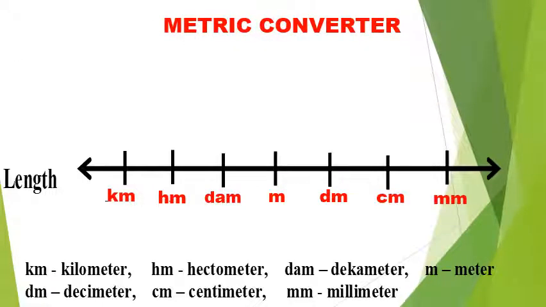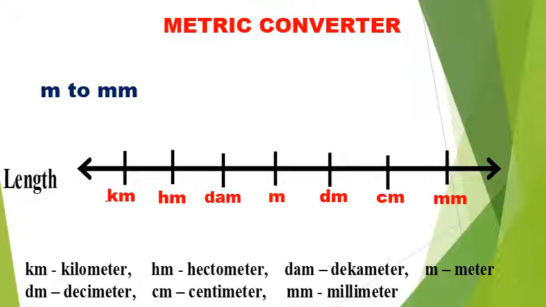Now we are going to apply the steps that we have learned in using the metric converter. Suppose we want to know the distance from meter to millimeter. Meter is the unit that we want to start with, and millimeter is the unit that we want to end with.